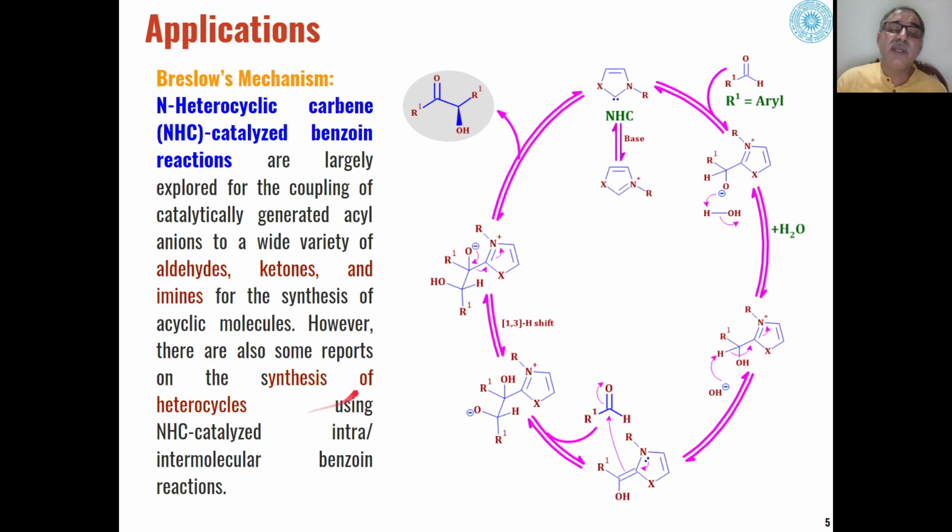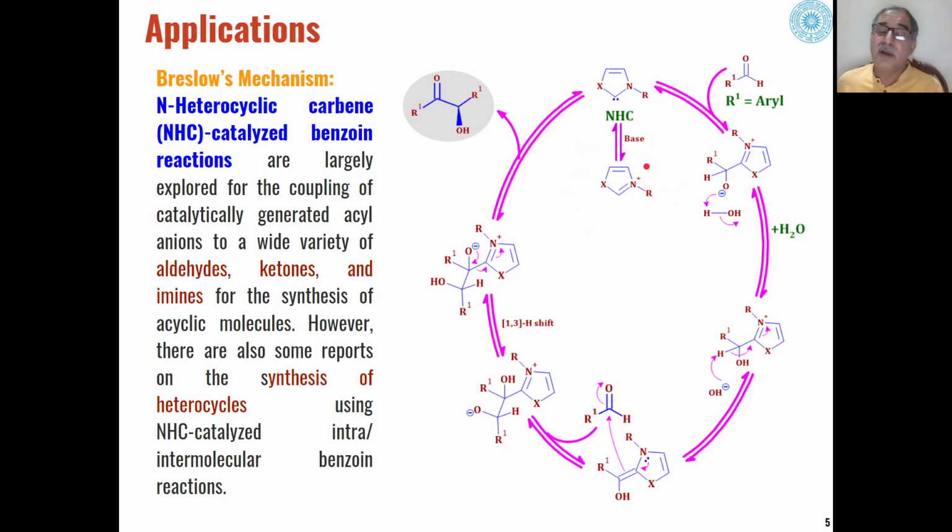And recently, even synthesis of heterocyclic compounds has been achieved using these types of N-heterocyclic carbenes as the catalyst. So basically what happens is these N-heterocyclic carbenes are resonance stabilized in the presence of base into these types of salts.